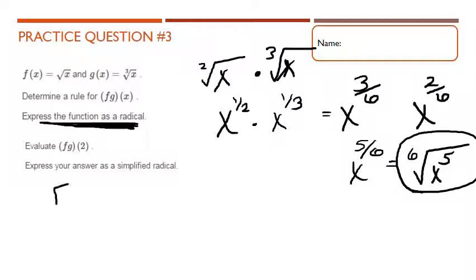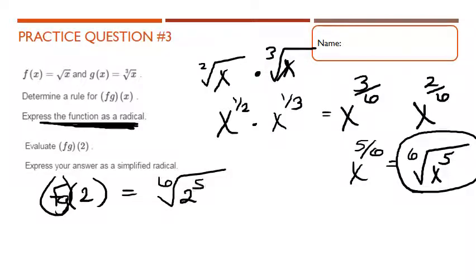Now, if you evaluate this thing, f times g of 2, we're going to plug in a 2 here. So we're going to have 2 raised to the 5th. Okay? So you're going to have the 6th root of 2 to the 5th. So you write it as a simplified radical.